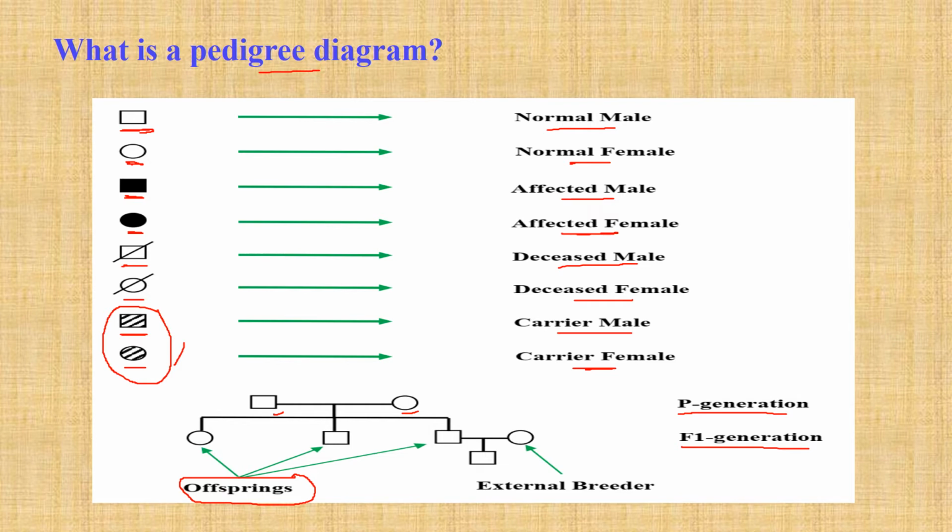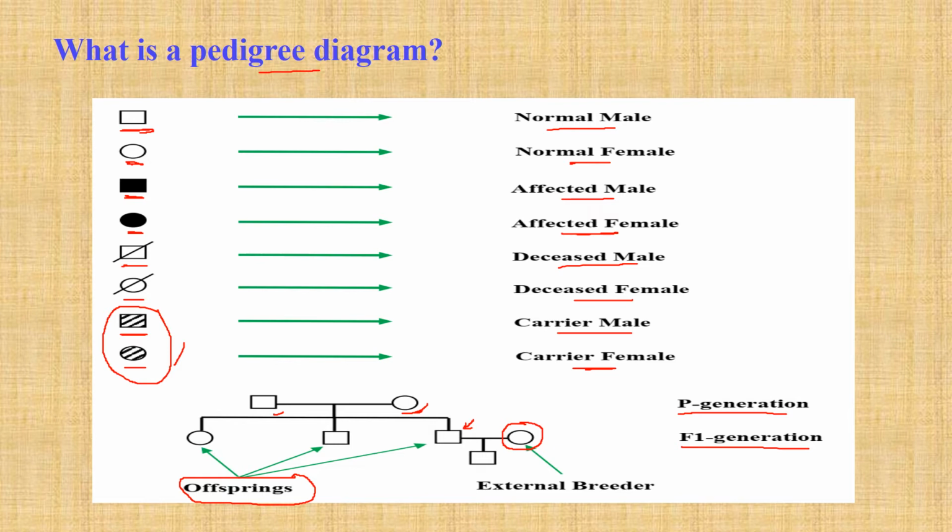If we look at this pedigree, we will see that this woman here is not an offspring of the parents that were crossed at the beginning. She has just been brought to be crossed with this man, who is an offspring of the parent generation.